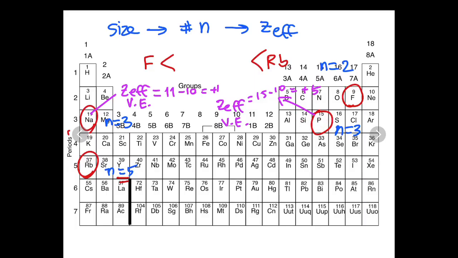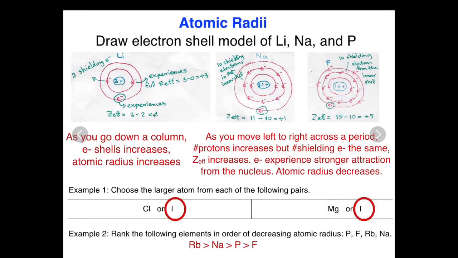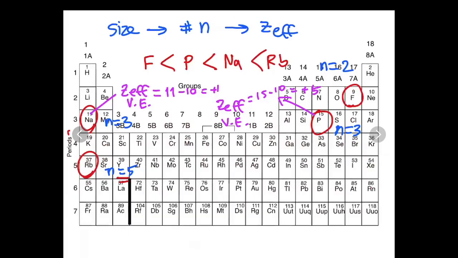Therefore, the rank would go from fluorine being the smallest, followed by phosphorus, followed by sodium, and then rubidium would be the biggest. Okay, so that would be the order. In this case, it's actually asking for rank in terms of decreasing. So that means you will need to flip that. Because we want to rank from decreasing, you need to flip this.